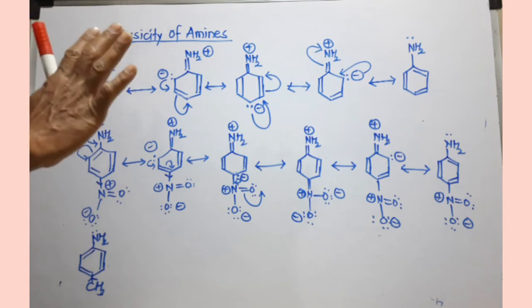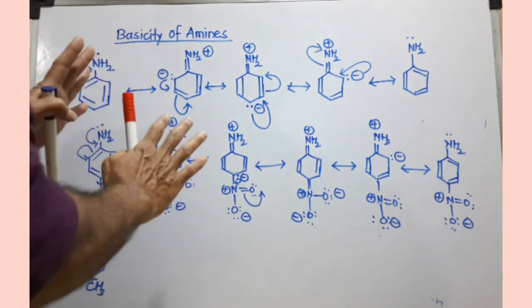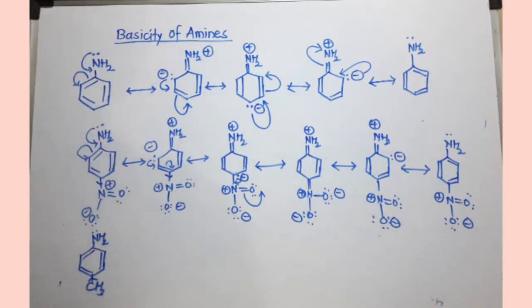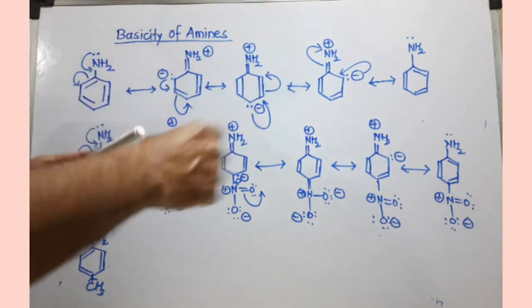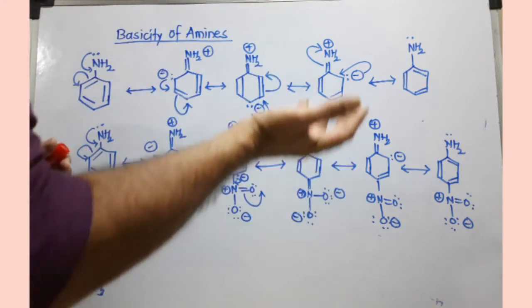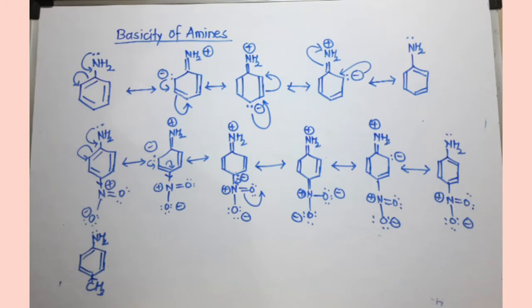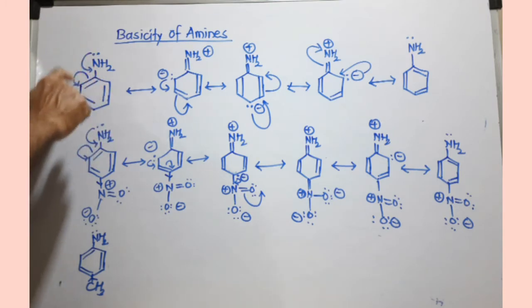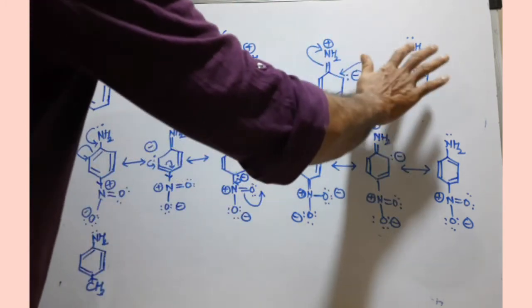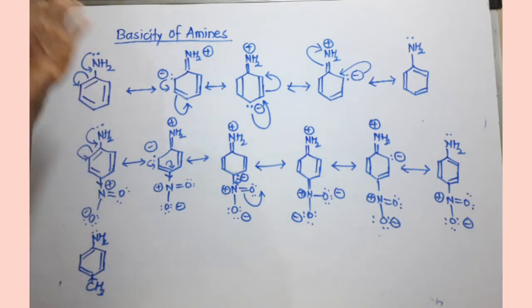Because of resonance, we can say aromatic amines are less basic. Remember, aromatic amines are less basic as compared to the aliphatic amines. Why? Because the lone pair is not available on the nitrogen. Why? Because of resonance.